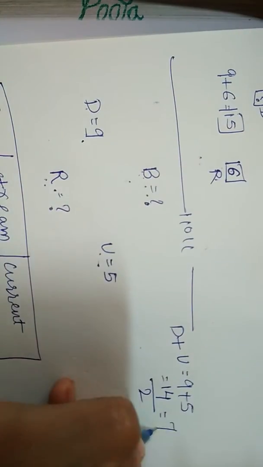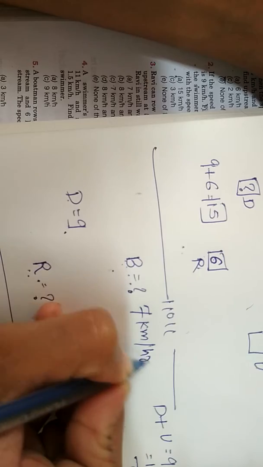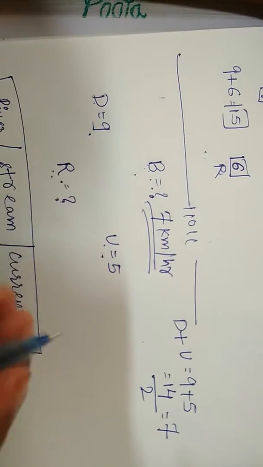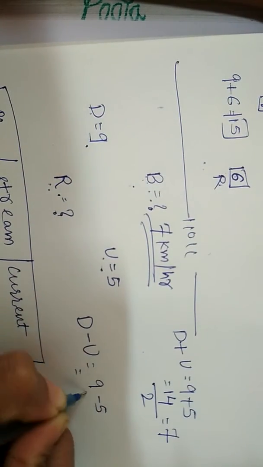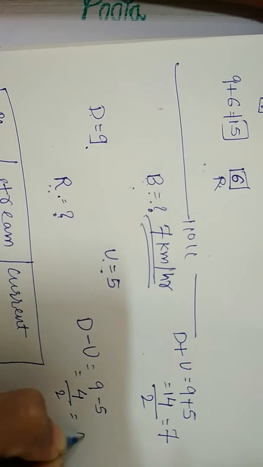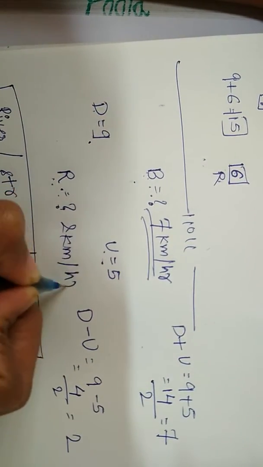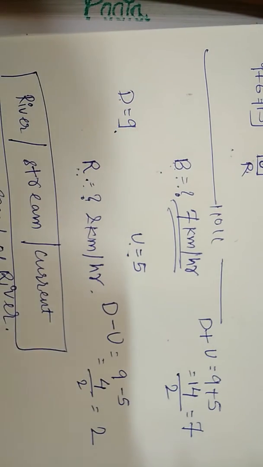So it goes to 7. So the boat speed is 7 km per hour. And when you have to find the river speed, you take d minus u, that is 9 minus 5, which is 4, divided by 2 is 2. So the speed of the river is 2 km per hour. Correct? And this is it.